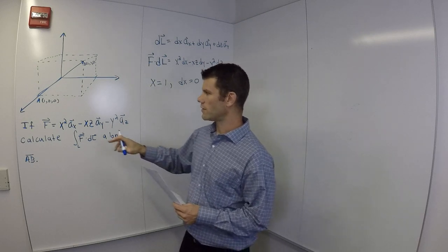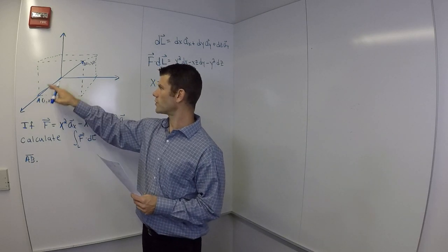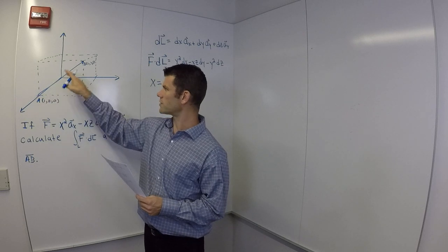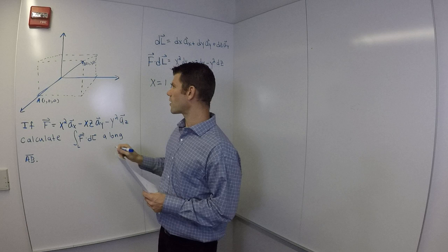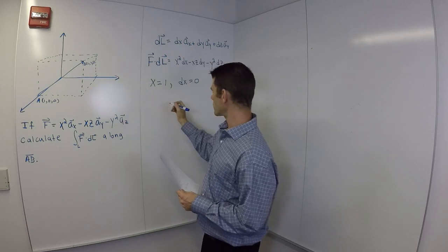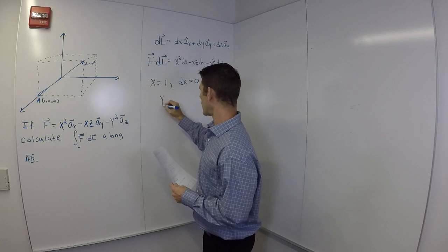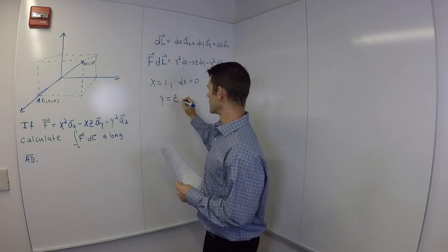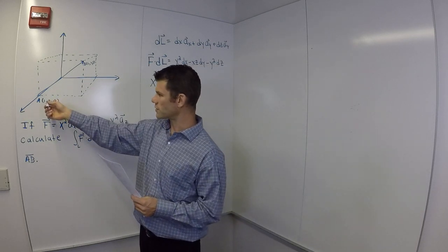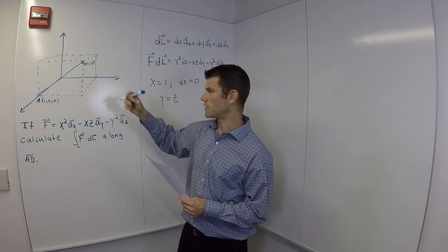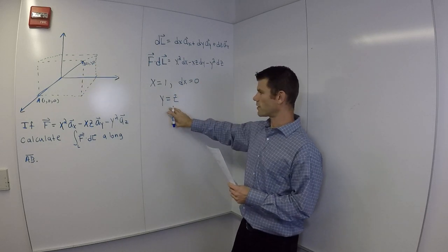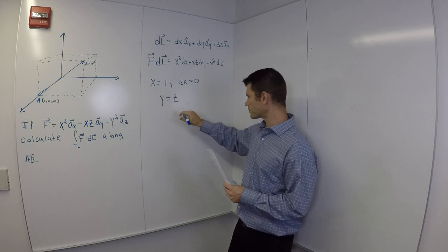But it's very easy to notice that if we just go from 0 to 1, it's an increase in y and an increase in z at the same time. So from there we can notice that no matter where we're at, y is going to be equal to z, right? Here, y is equal to 0, z is equal to 0. We move along the path, y is equal to 1, z is equal to 1. So this right here is a parameterization, right?